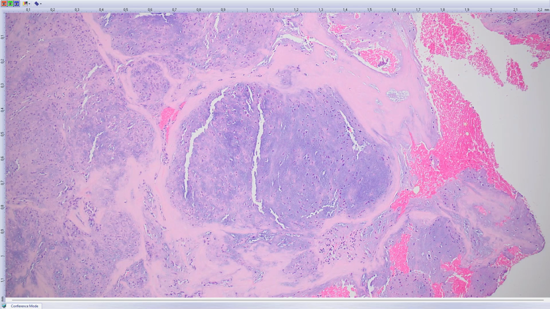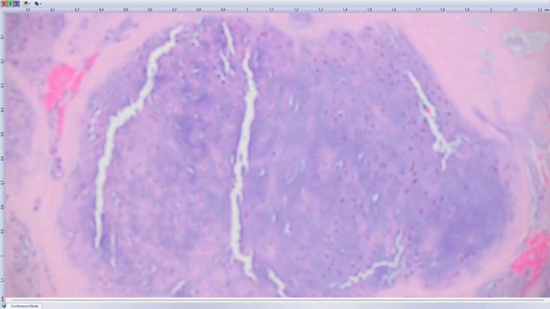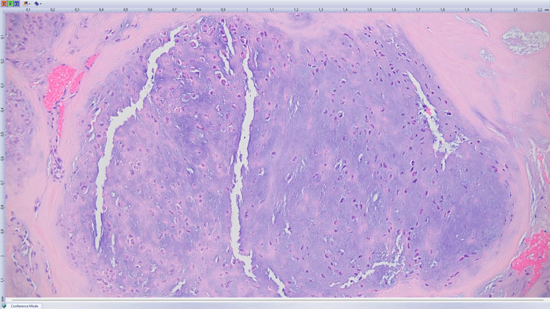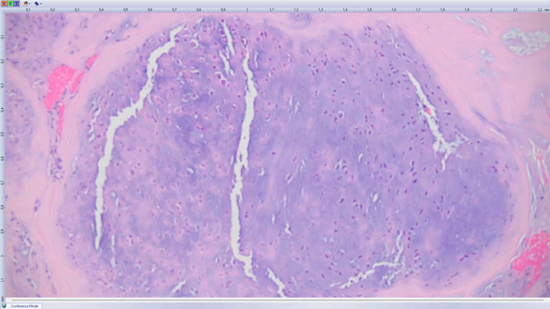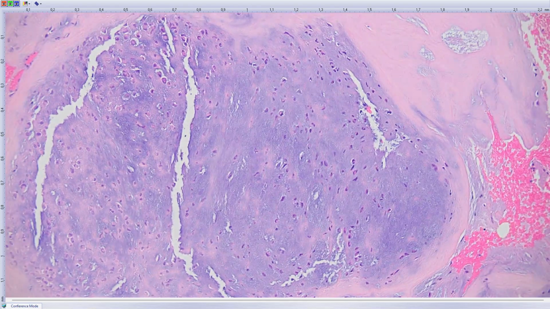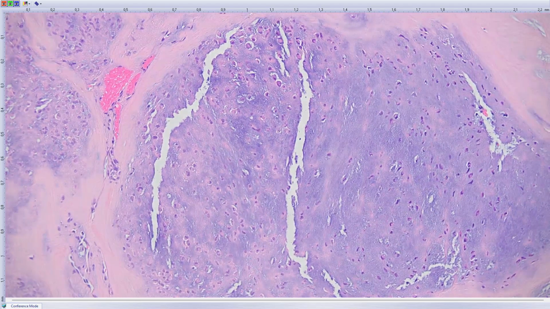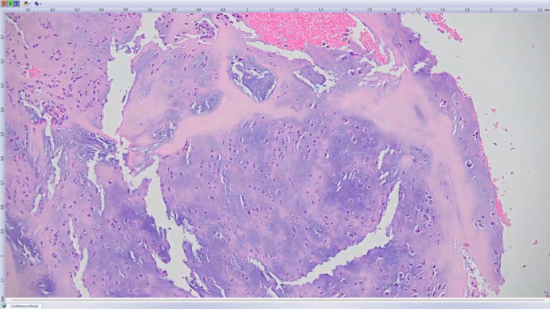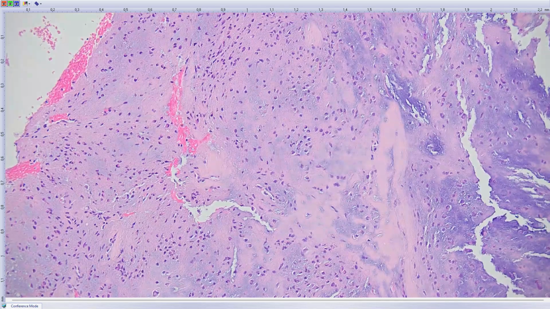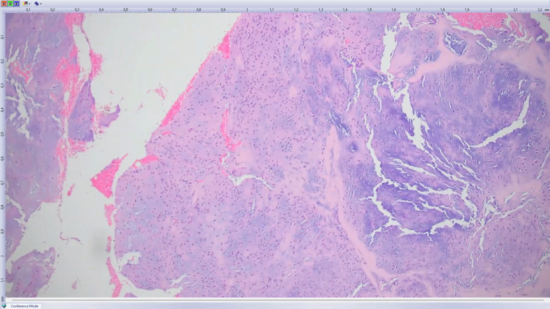Most cases don't have mature hyaline cartilage, and the immature chondroid matrix contains these again bland, spindle to somewhat reniform cells with variable cellularity, but predominantly it's a quite hypocellular tumor.